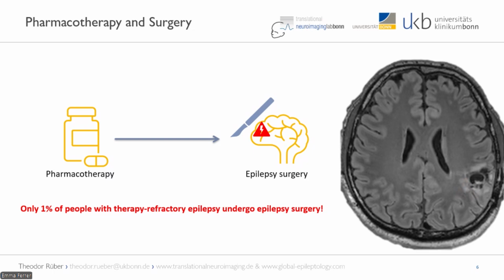And this is how a post-surgical result will look. Most of the times, these surgeries won't cause any deficits, but only 1% of these people who cannot be healed with drugs undergo surgery. And why is that? I mean, there are many reasons to this, but one reason is because we cannot find these lesions.